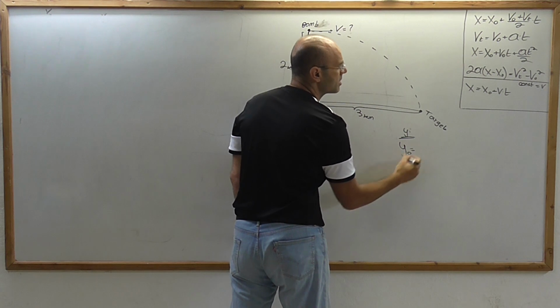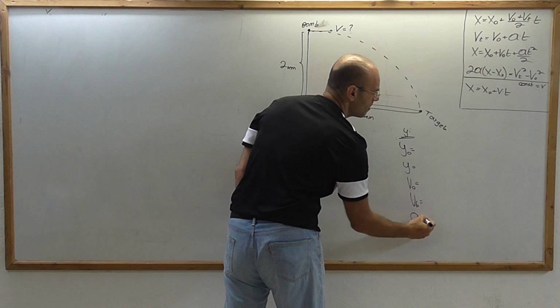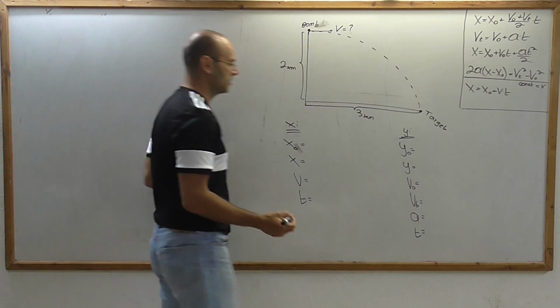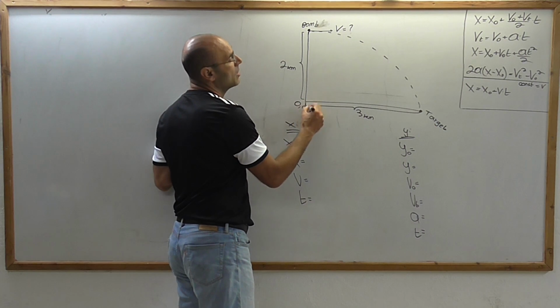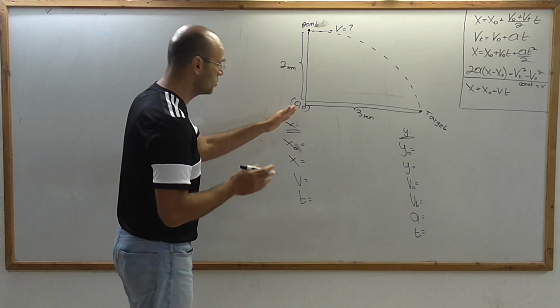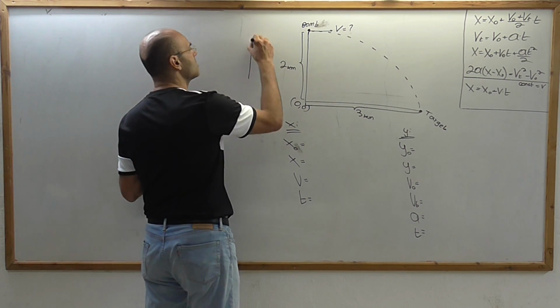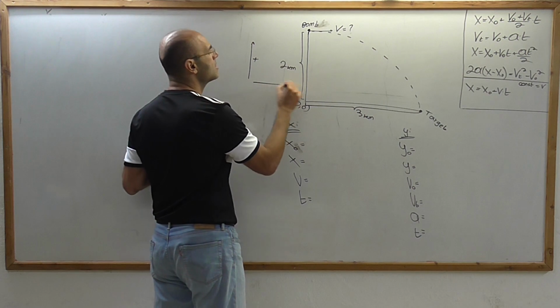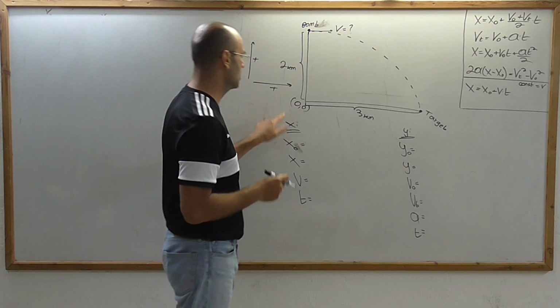I need all 6. Okay, let's start, see what we have. Let's say this is the origin now, okay? It doesn't matter which way you define the origin, which place, just define it and define the positive axis. Let's say this is the positive in the y-axis, this is the positive in the x-axis, okay? You must define it before you start the exercise.